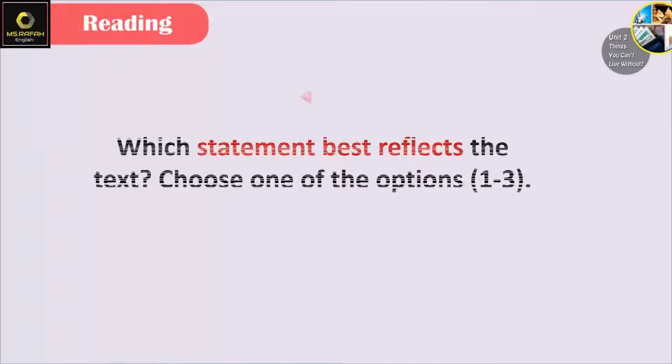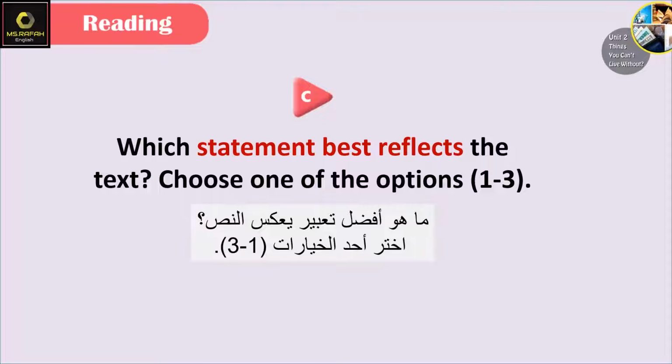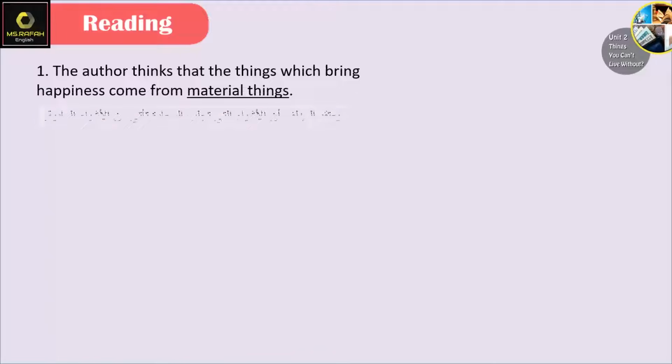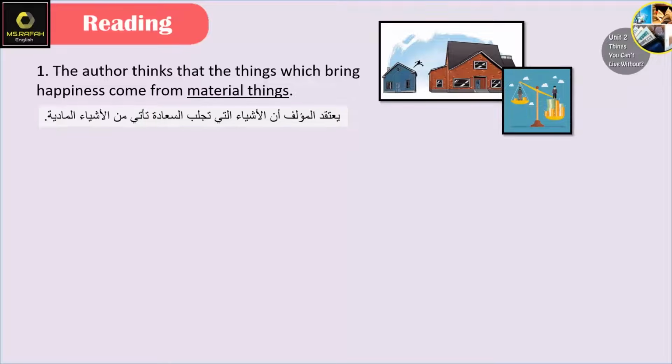Question C. Which statement best reflects the text? Choose one of the options 1 to 3. The author thinks that the things which bring happiness come from material things.